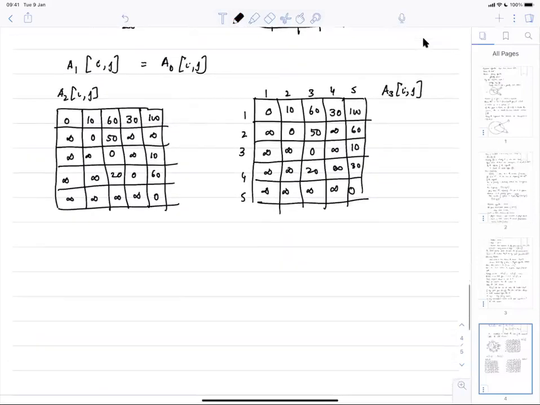Now, if I include A4, the fourth vertex, let's see what happens.